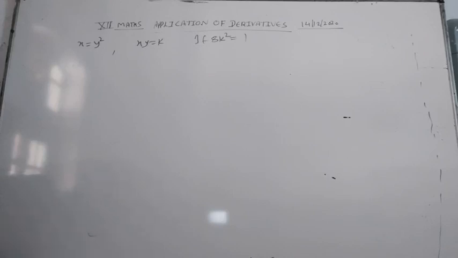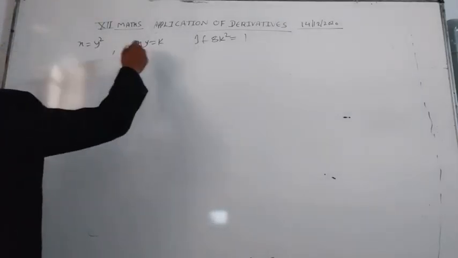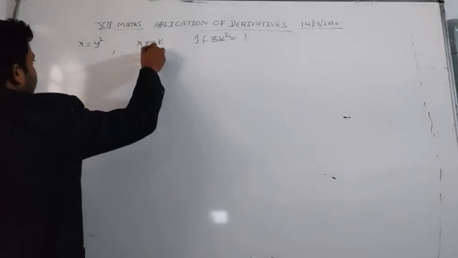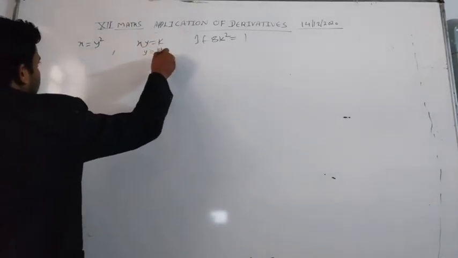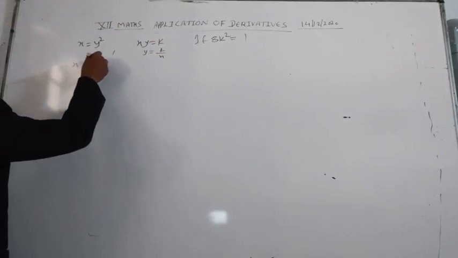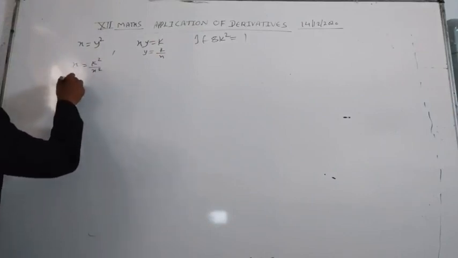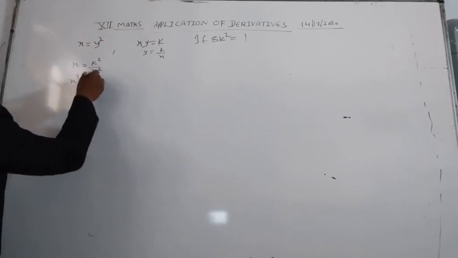Okay, student, so first we will find the point. Let's put the value of y as k by x from here. So x is k square by x square, so this is x cube is k square.